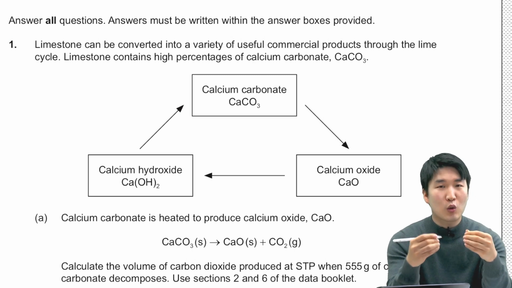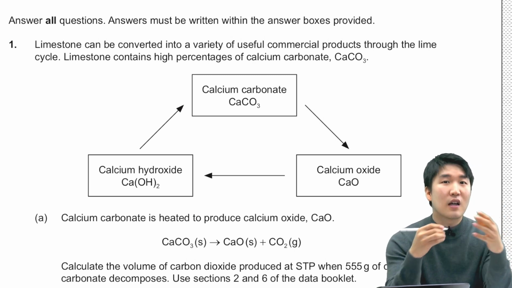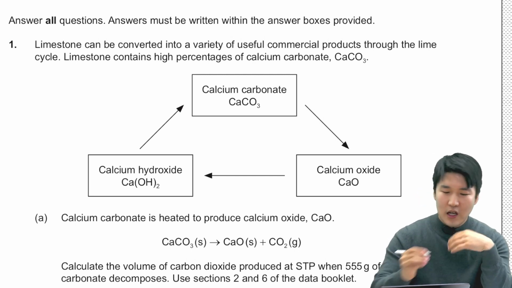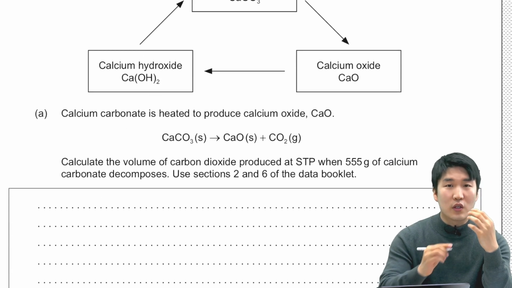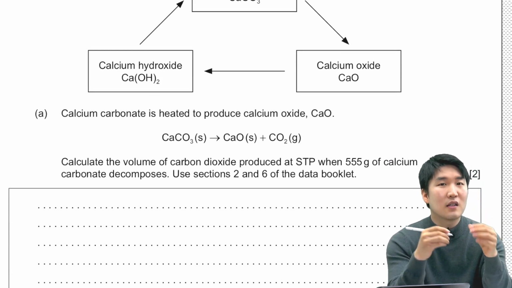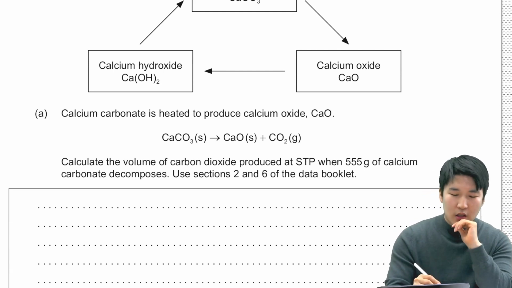We're asked to calculate the amount of carbon dioxide produced and the corresponding volume of carbon dioxide produced. How do we go about this question? We first calculate the amount of calcium carbonate in moles. How do we do that?